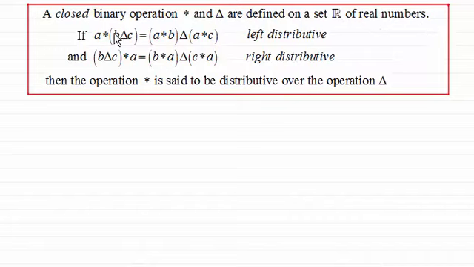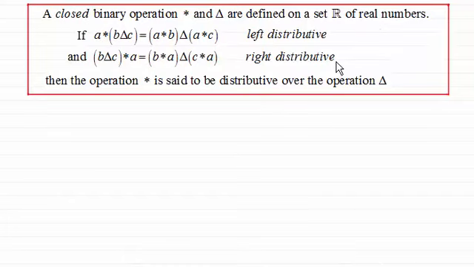Now, if A star, all of B triangle C, equals all of A star B, triangle, all of A star C, then we say that this is left distributive. And there's a similar result when we put the A on the right hand side of the bracket here.